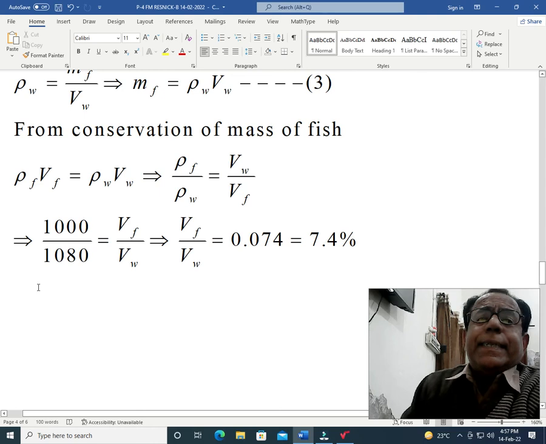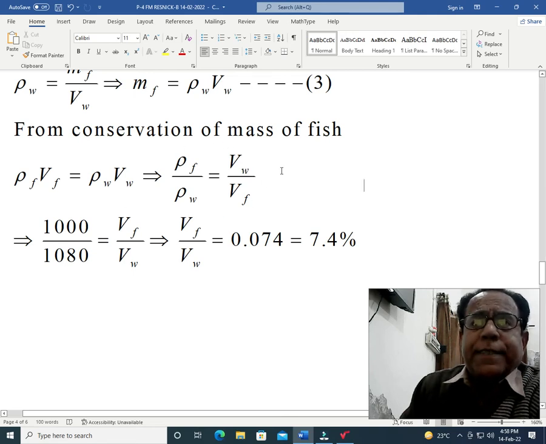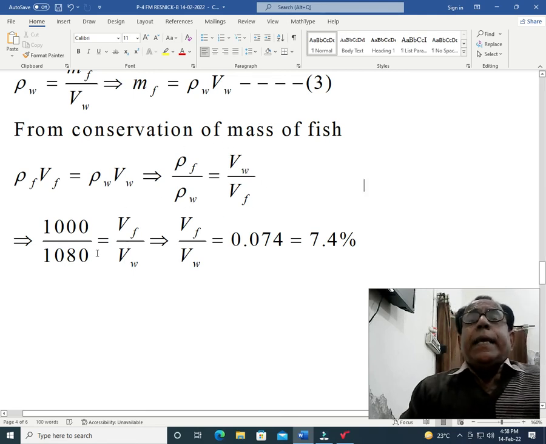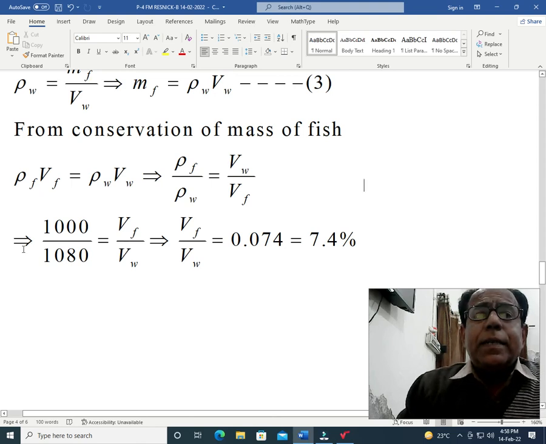In the next step, here 1000 is the density of water while 1080 is the density of fish. So in the next step we have taken reciprocal of this expression. This is density of water over density of fish equal to Vf over Vw.